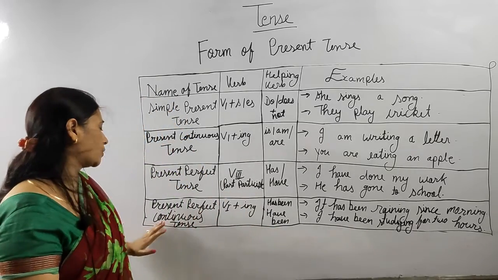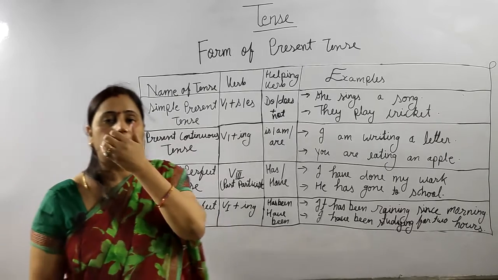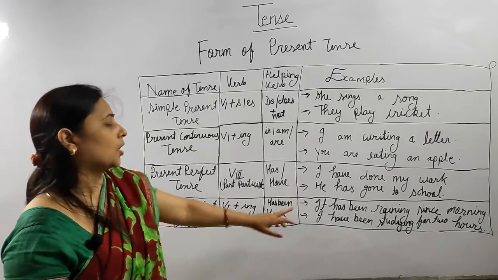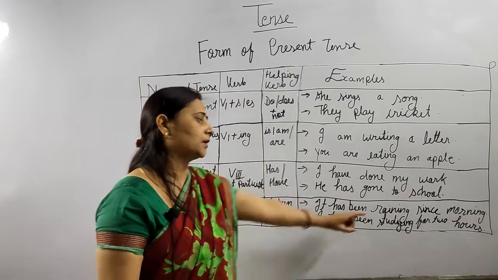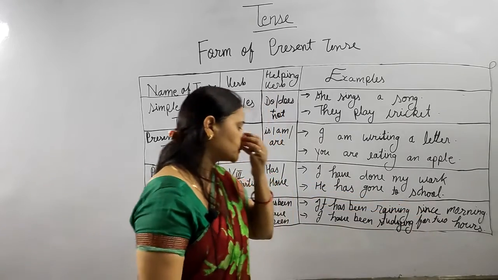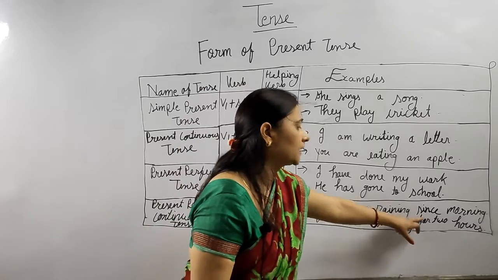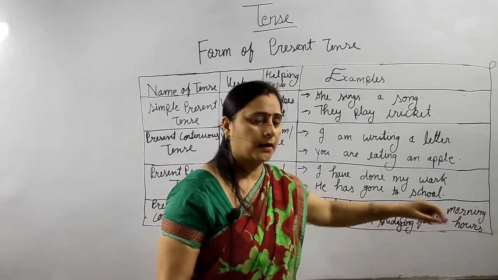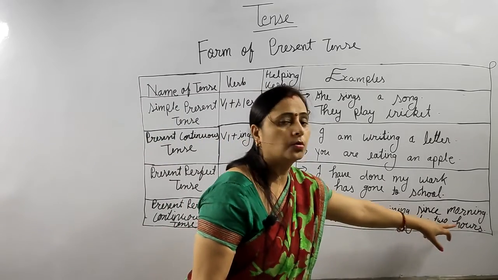As I have already told you the difference between present continuous tense and present perfect continuous tense, in this tense, our work has already started in the past and is continuing till the present time. So look at the example: it has been raining since morning. Raining since morning. And here, I have been studying for 2 hours.